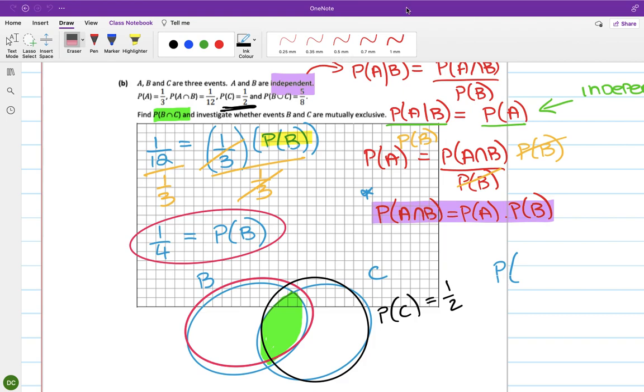See, the union of B and C is 5/8. So if I add a half and a quarter, because that's B and C, I get 3/4. Now, is 3/4 bigger than 5/8?